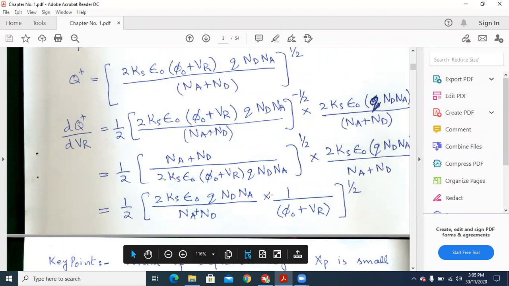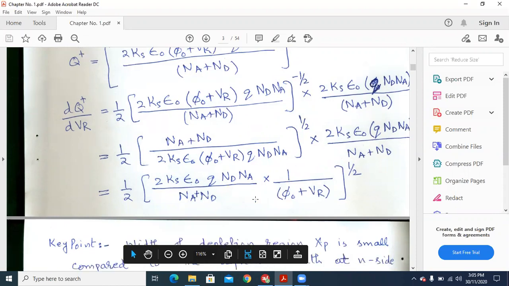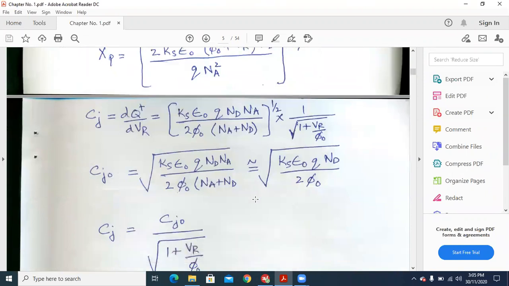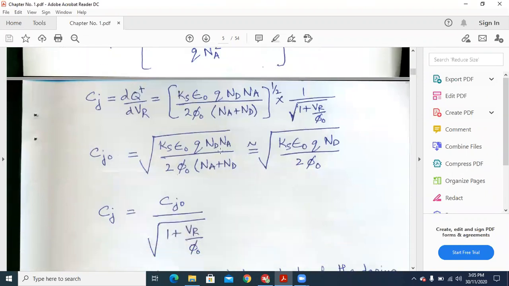We will interpret this relationship in a simplified form. This constant term is Cj naught, and the approximated form of this is the square root of Ks epsilon naught Q Nd divided by 2 phi naught.